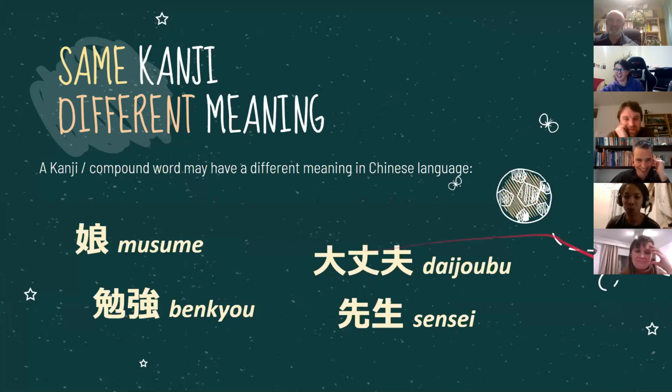And 大丈夫, everything is okay. And in Chinese, it means big husband or great husband. Yeah. And sensei, teacher or master, in Chinese, it means husband or mister.